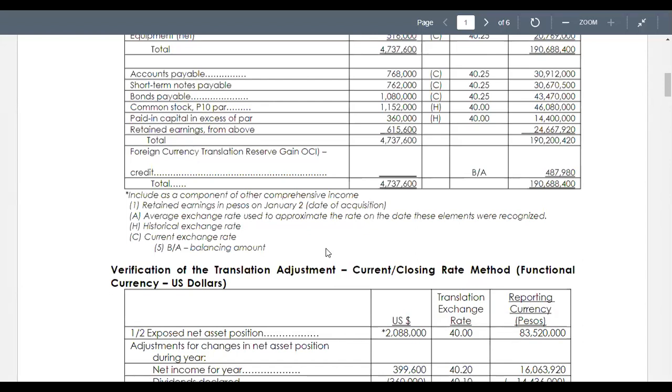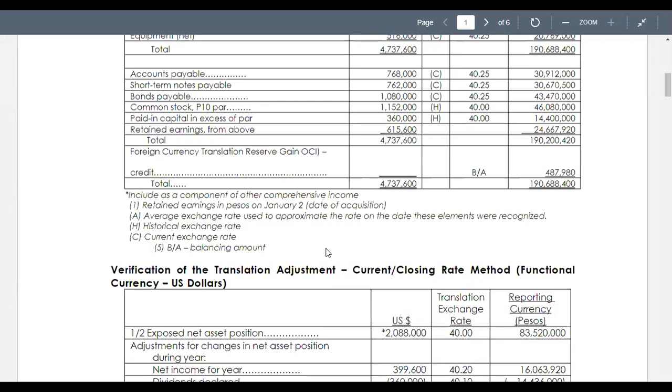And one item left is dividends paid on October 1, X9. So the rate is 0.20.